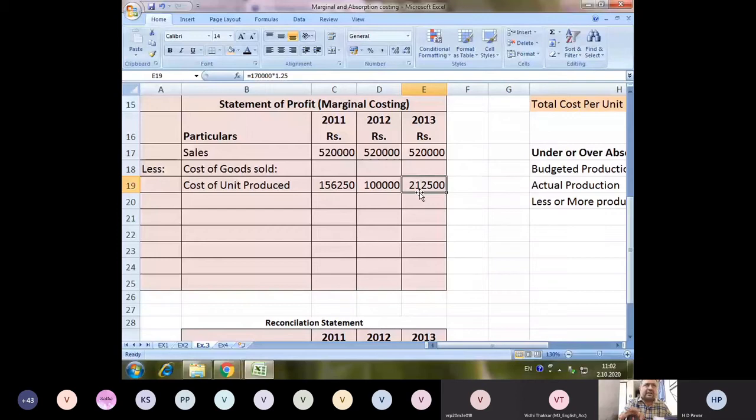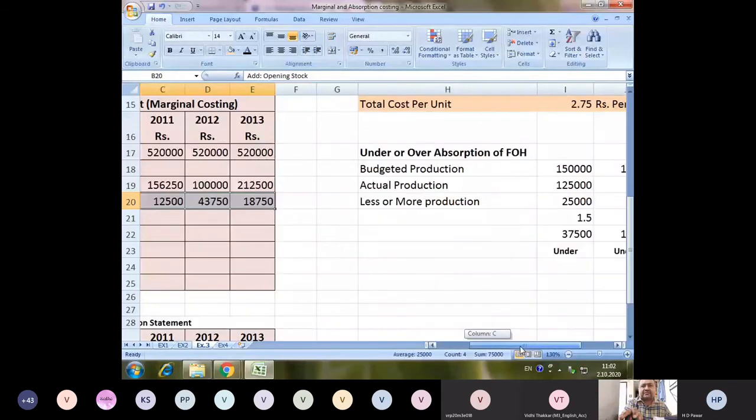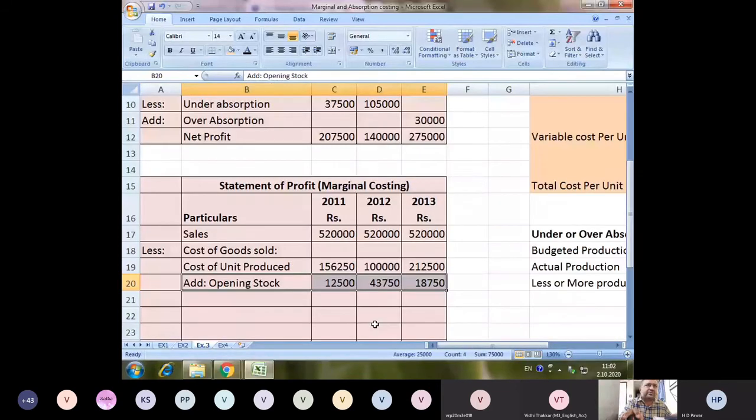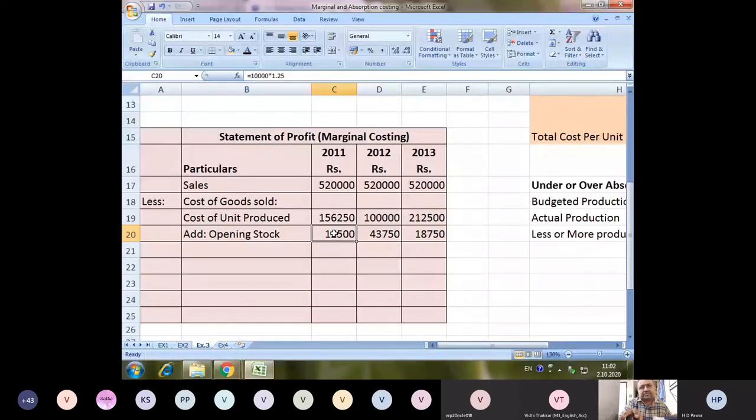Then add opening stocks. Opening stock is 10,000 and 35,000 and 15,000. Here we already calculated 10, 35 and 15. So 10, 35 and 15 at the rate of 1.25 per unit, 10,000 into 1.25, 35,000 into 1.25 and 15,000 into 1.25.